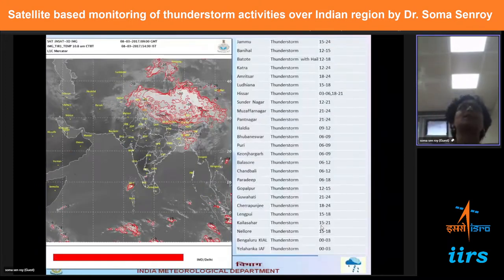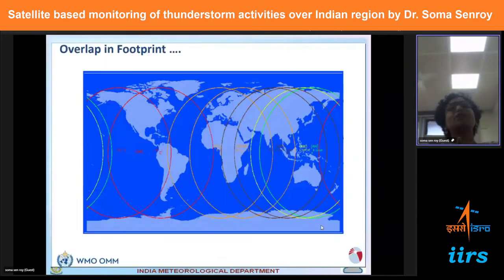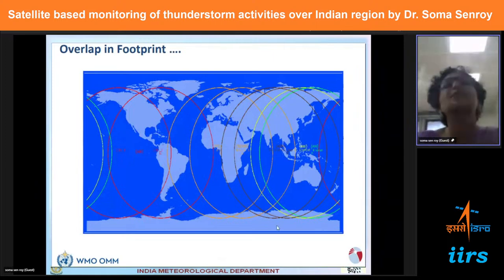Keeping this in mind, the fact that geostationary satellites have a good footprint and high temporal resolution, a combination of satellites have been used globally to produce uniform products all around the globe. This is from a WMO picture. So if you see here for the Indian region, it does pick out the INSAT 3D also.